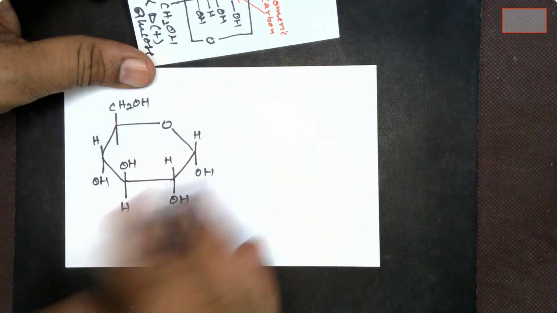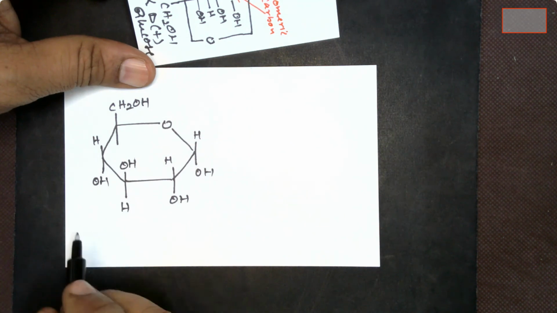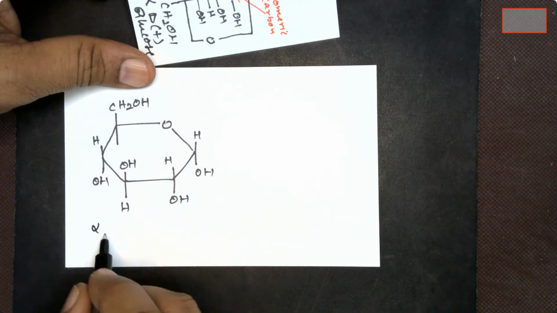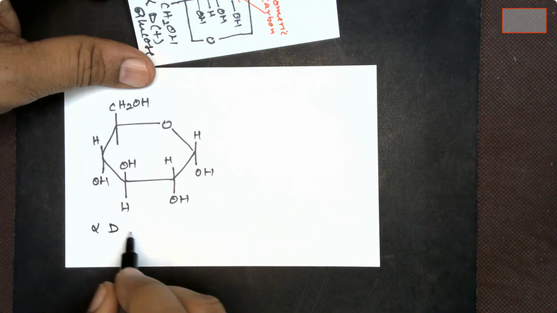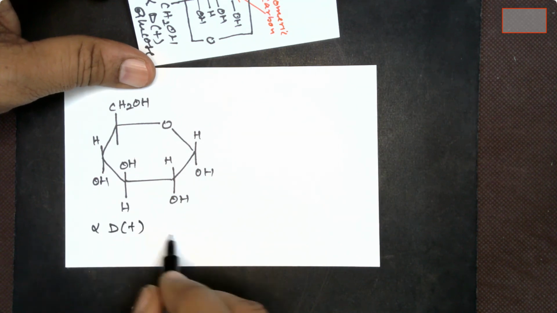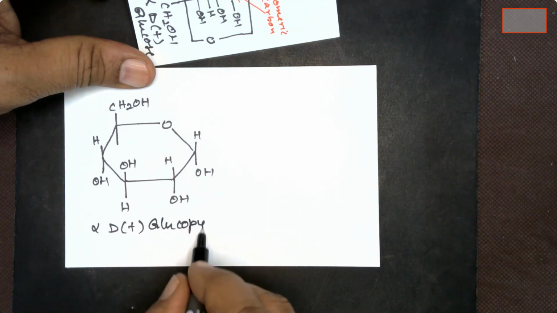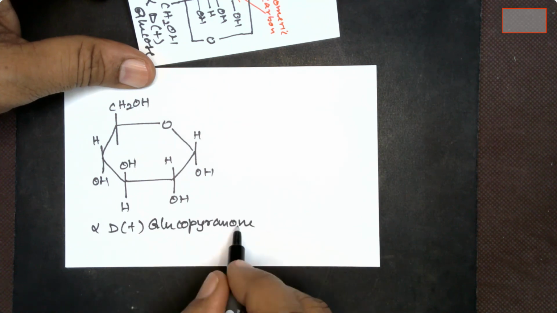So this is the way you can draw the structure. And here it is called alpha D plus glucopyranose. Are you able to follow? So this is the complete nomenclature of glucose.